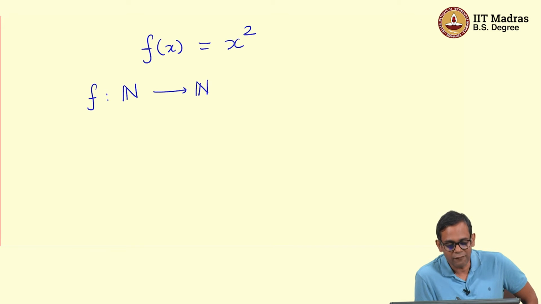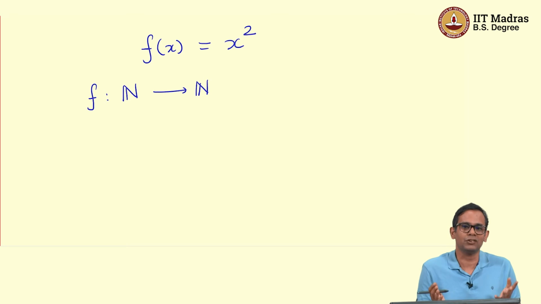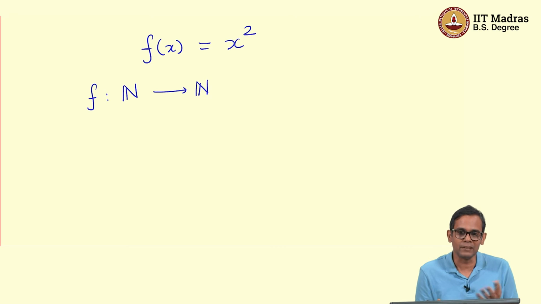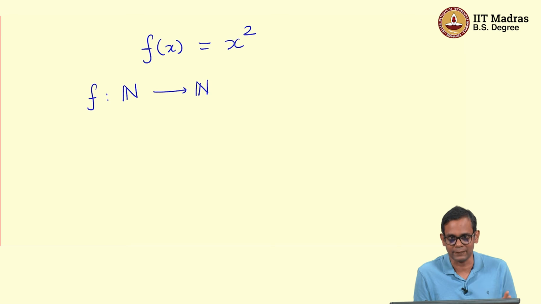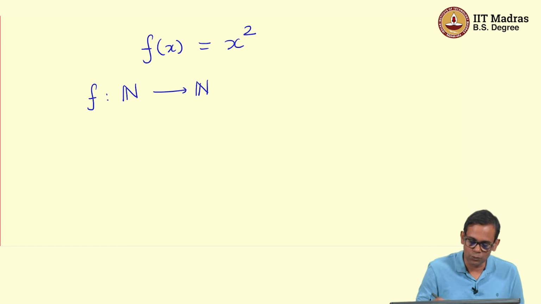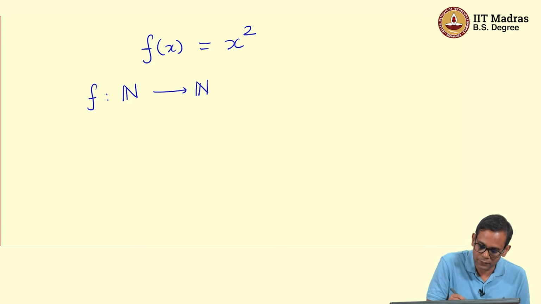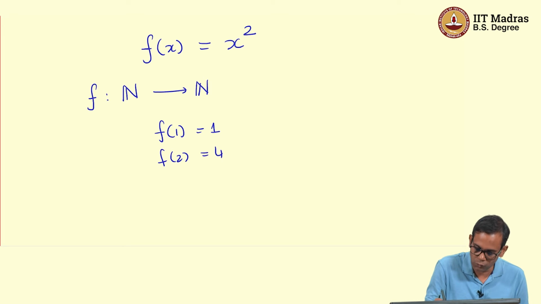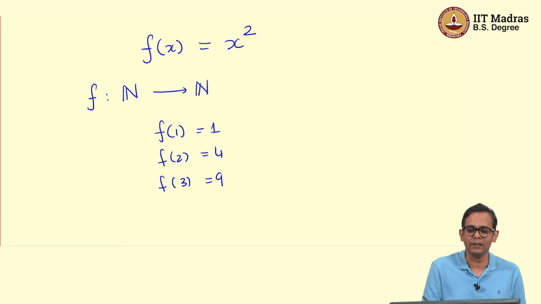Not every natural number is a value of this function, not every natural number is of the form x squared for some natural number x. So, what are the values? The values are the square numbers, the perfect squares. So, f of 1 is 1, f of 2 is 4, f of 3 is 9. Not all values are taken by this function.